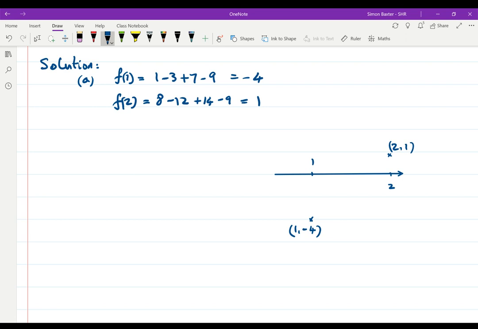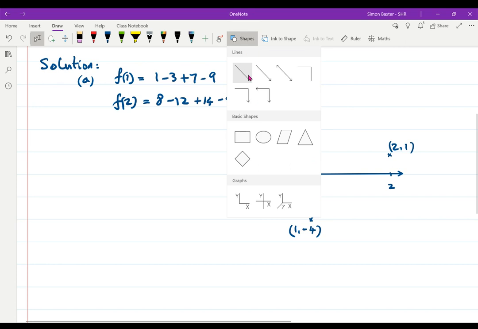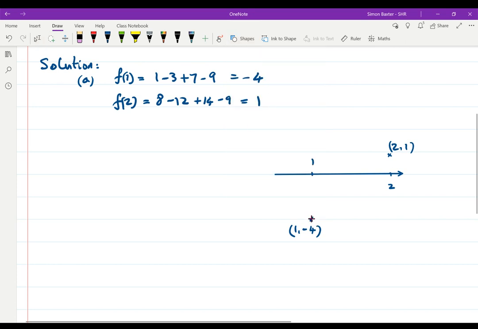And we're going to find our first approximation by finding out where the line from (1, minus 4) to (2, 1) meets the axis. So our first approximation, x1, is here.